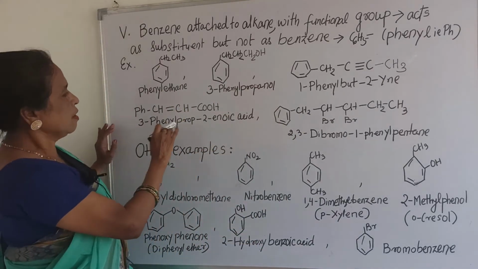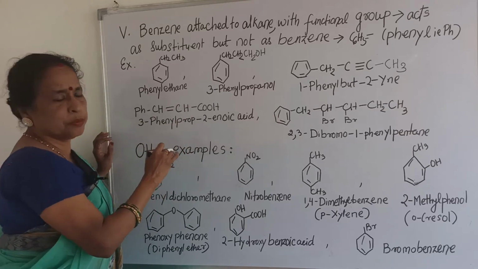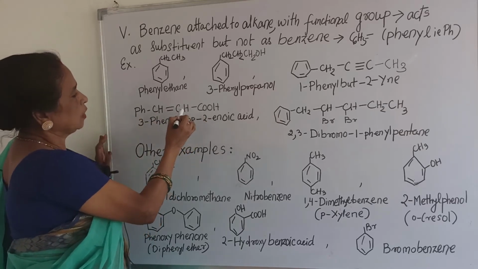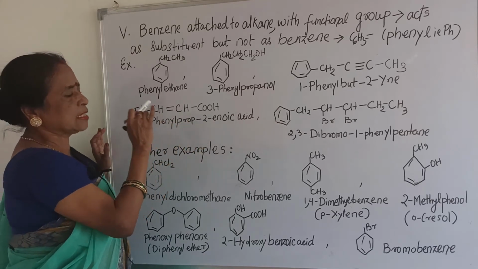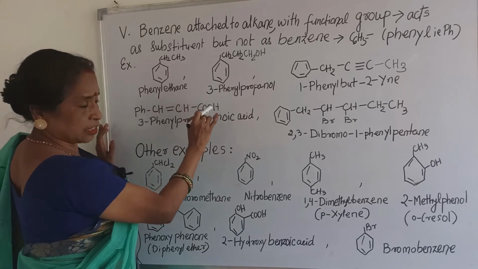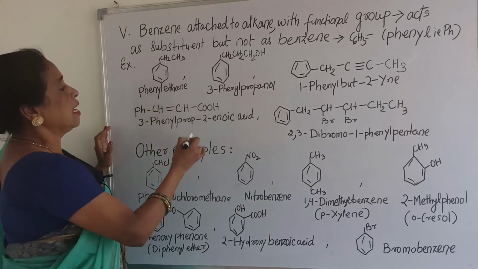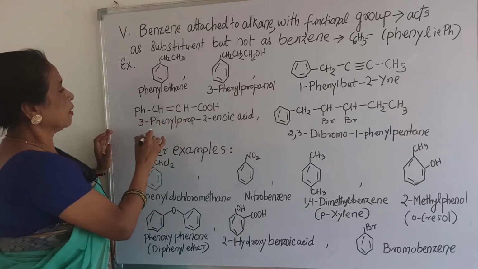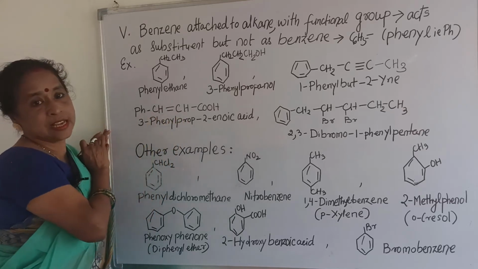Next example, where the functional group is the acid group COOH, that is why we will count from this side 1, 2, 3. That means it is propanoic acid. The main group, acid, gives propanoic acid. In propanoic acid, after 2 there is a double bond, and in the 3 position there is a phenyl group.